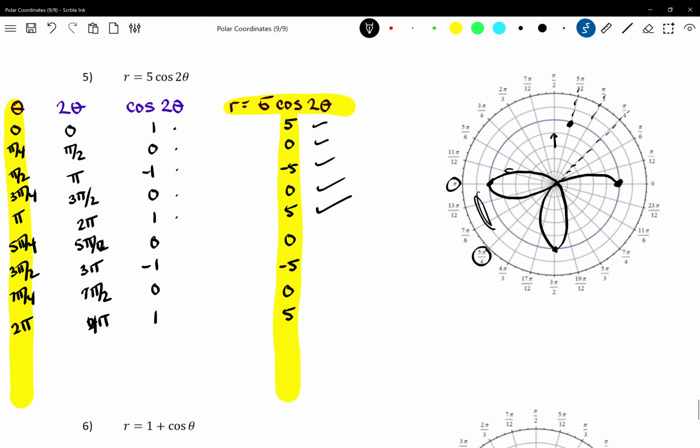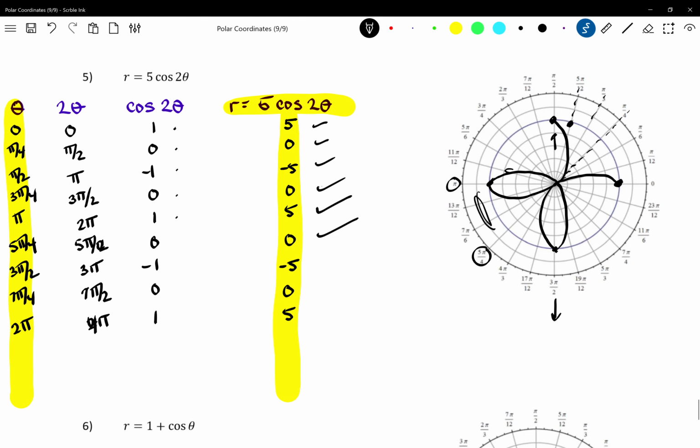Then at theta equals 3 pi over 2, 3 pi over 2 means I want to face this way, but r being -5 means I'm going to face this way. So we're at this point, and we're hitting it this way.